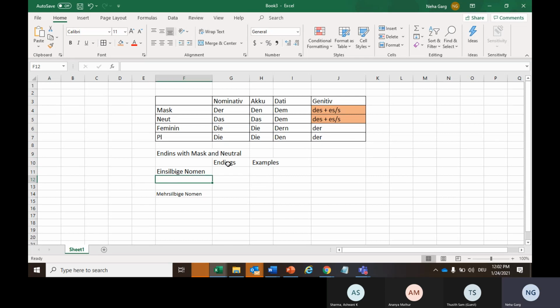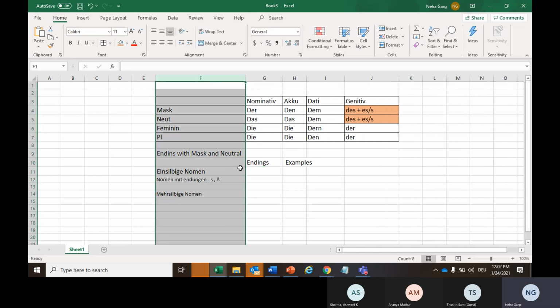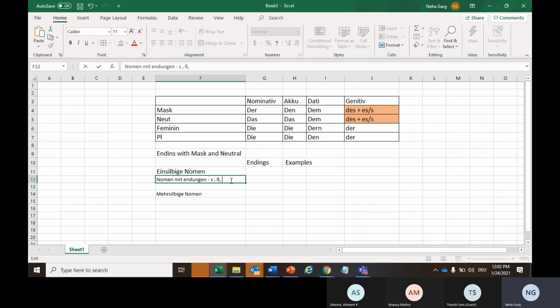Any word which is ending with s, sharp s, x or z: whenever we have einsilbige Nomen, like one syllable in the noun, then we use es.